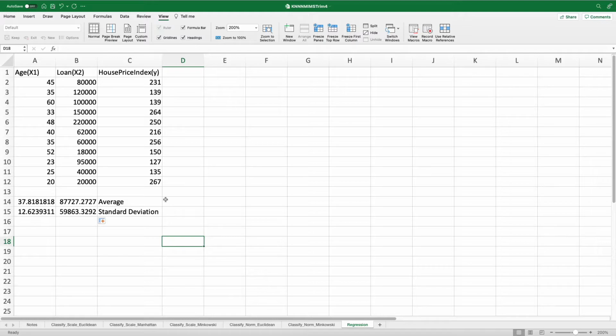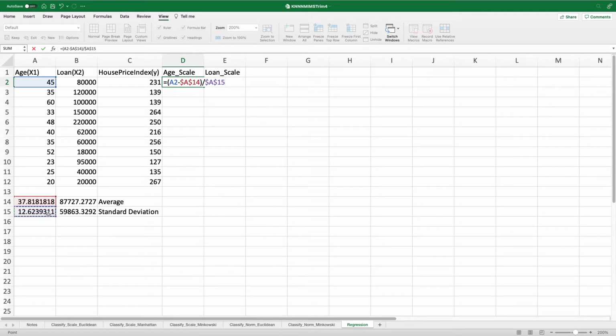Okay, so we need to scale. Age underscore scale, loan underscore scale. Age underscore scale is equal to open bracket x minus mean, fix the mean by pressing F4, divided by standard deviation. Again press F4.